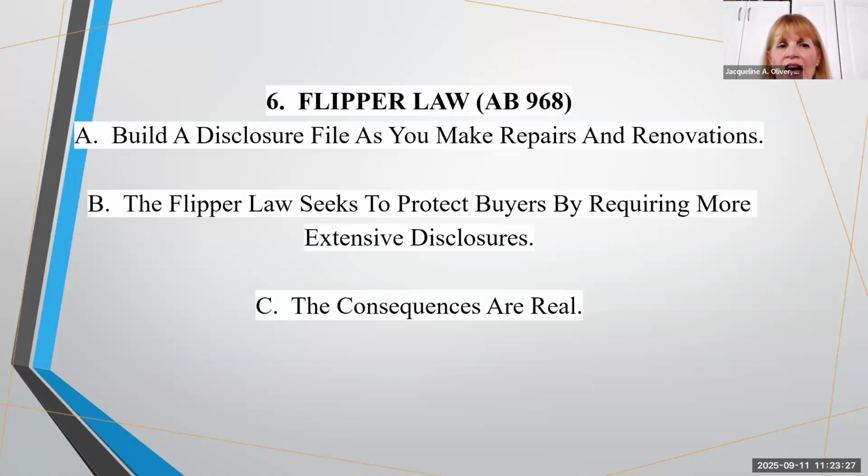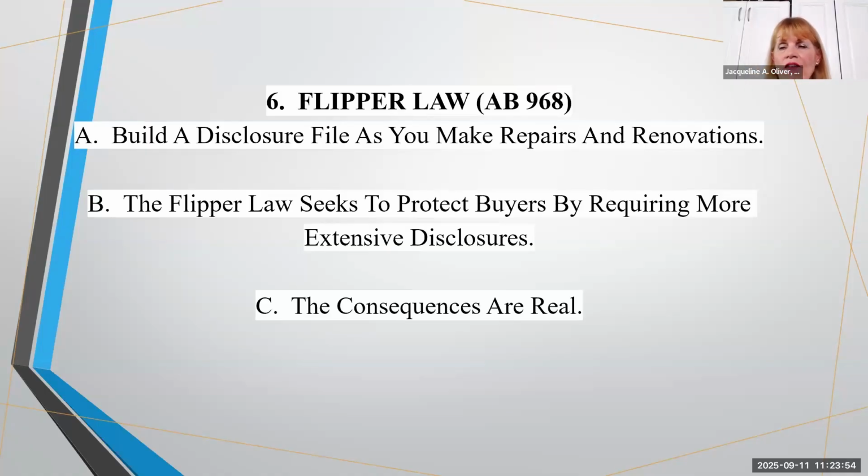There is a flipper law, and the flipper law means that an investor may buy the property so that they can fix it up and sell it. If they do that within 18 months, they have to disclose every contractor that worked on the property, all their phone numbers, what was done, and if any permits were drawn or pulled.